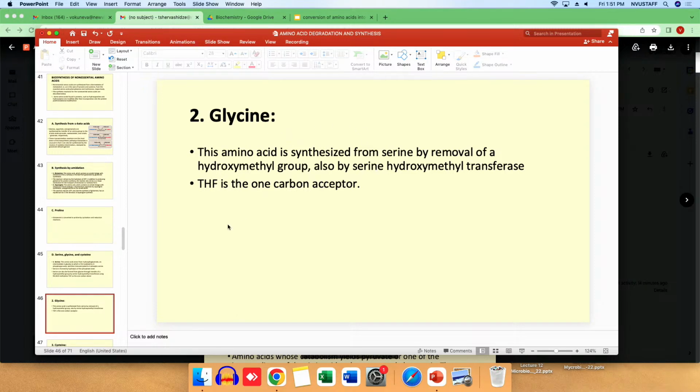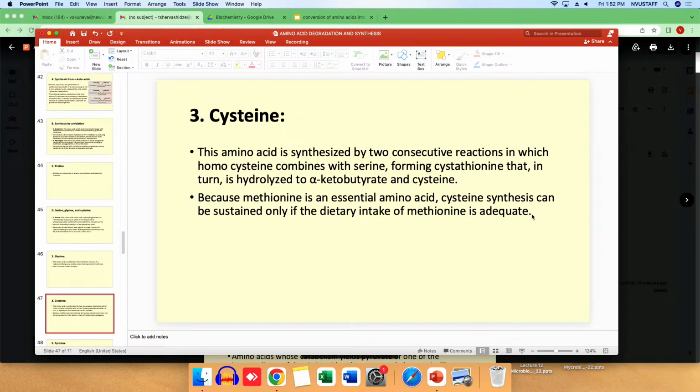We can get it from the conversion process that requires tetrahydrofolate as a carbon acceptor, not a donor, but acceptor. Enzyme is kind of similar, serine hydroxymethyl transferase. We talked about cysteine, so I think I won't stop here.